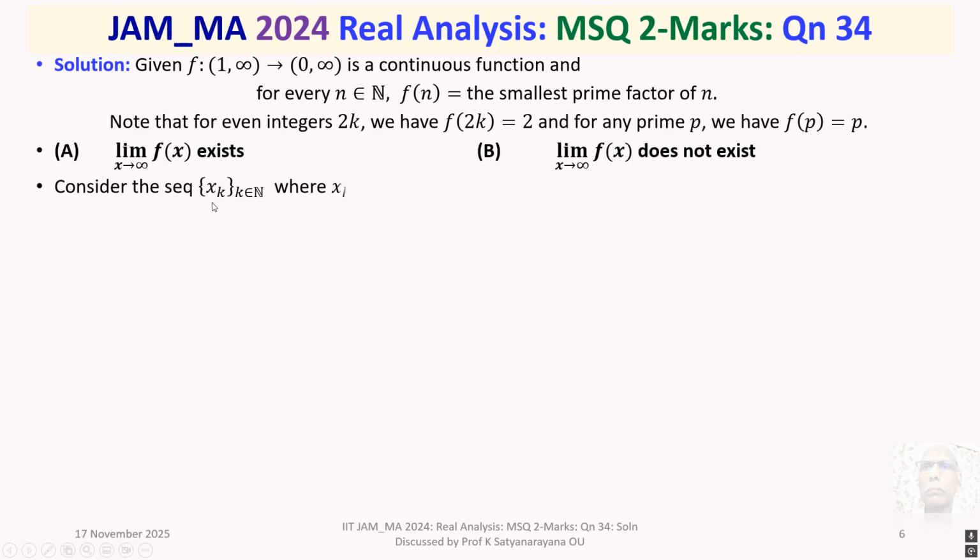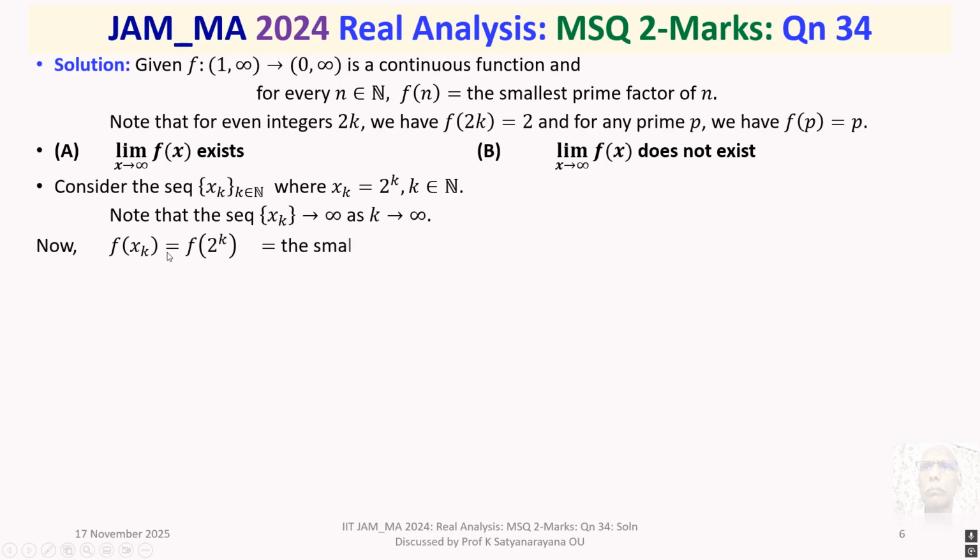Consider the sequence xk, where xk is a power of 2, that is 2 to the power k, k belonging to the set of natural numbers. Note that the sequence xk tends to infinity, yes, 2 to the power k tends to infinity as k tends to infinity.